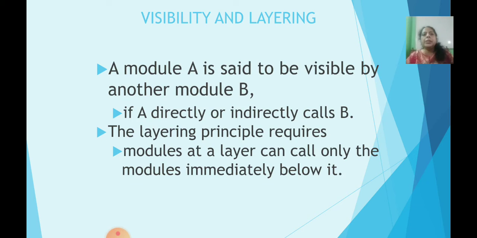The layering principle requires that a module at a layer can call only the modules immediately below it, meaning the upper level module can call only the modules in the layer immediately below. That is the principle of layering.